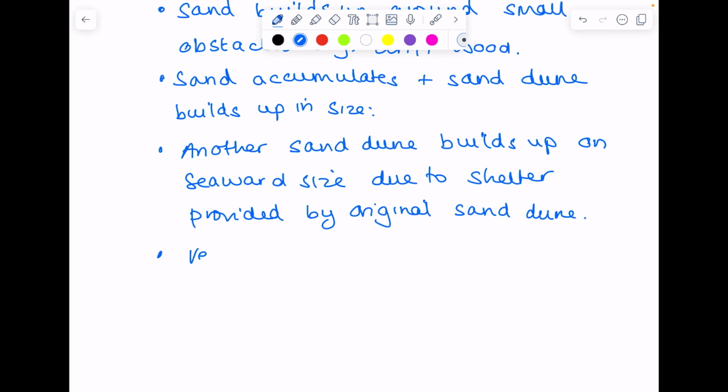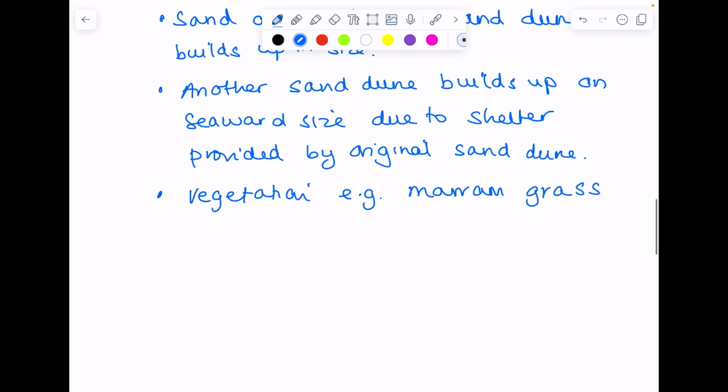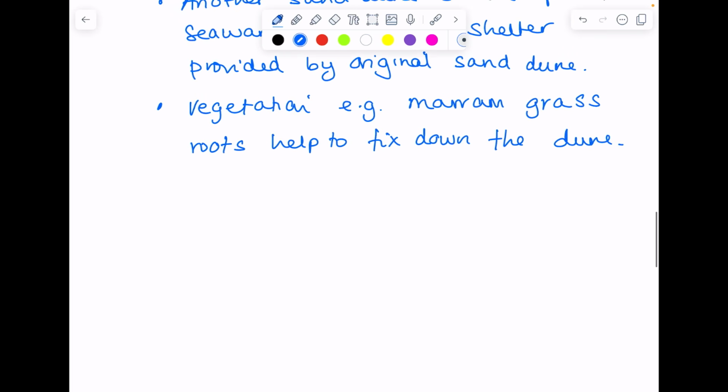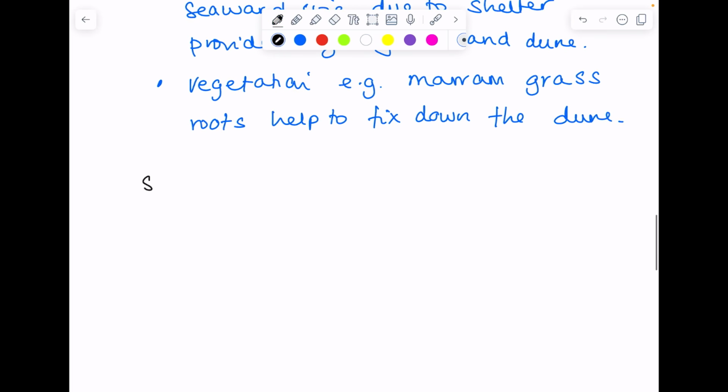And then vegetation such as the marram grass, the roots of that grass will help fix down the sand. Now, sand dunes are quite extreme places for this vegetation.